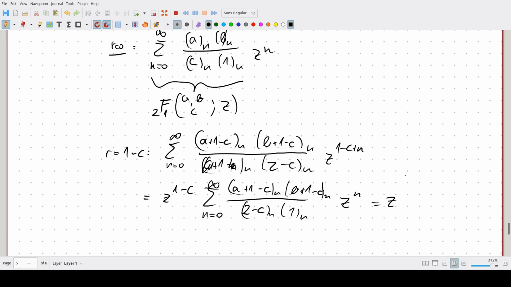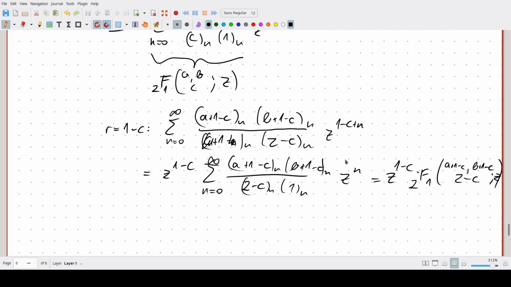So this is z to the 1 minus c times the hypergeometric function, well, not of the parameters a, b, and c, but a plus 1 minus c, b plus 1 minus c, and 2 minus c. And those are our two solutions.